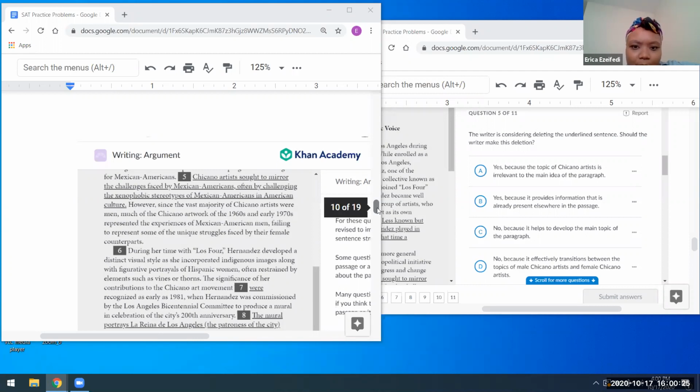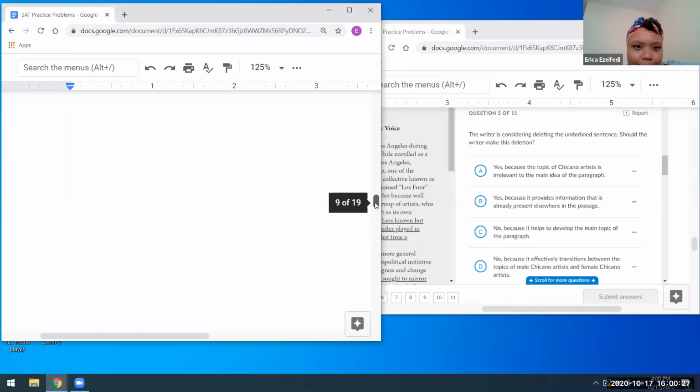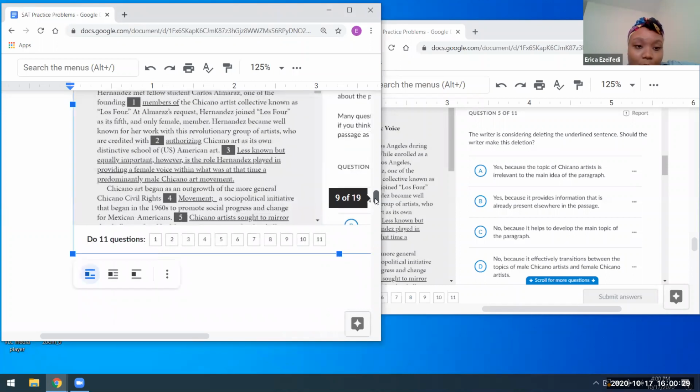Also, let me go back to the beginning here. We're almost done for the day. Sorry it's a little choppy, but this is the beginning of this paragraph here. The beginning of the paragraph talks about Chicano art, how Chicano art began. Chicano art began as an outgrowth of the more general Chicano civil rights movement.